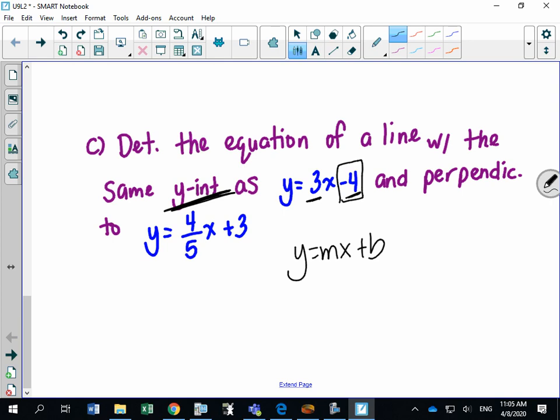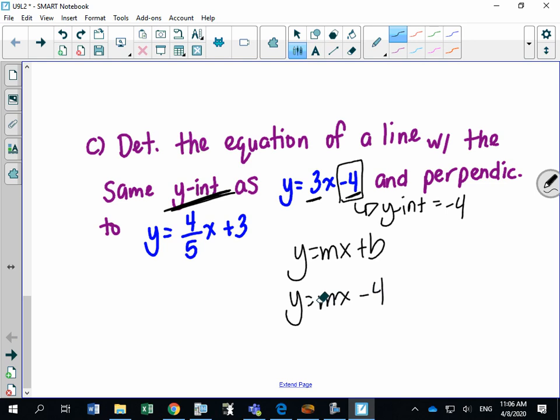So they want an equation of a line with the same y-intercept as whatever y-intercept this equation has. This equation has a y-intercept of -4. Therefore, my new equation is going to be mx minus 4. The y-intercept of my new equation is going to be the same as this guy, -4.